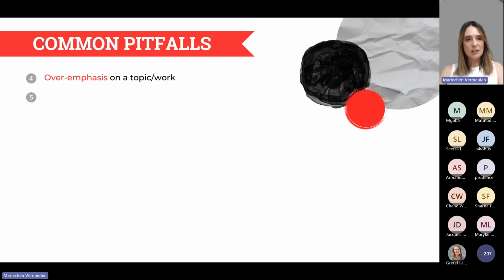So the problem with this common pitfall is that not only can it skew the difficulty of your paper once again, making it, for example, very easy because you've drilled a particular section of work into their heads, you spend too much time teaching it, now you're over-assessing it and it gives the appearance of good marks, but in reality you're neglecting other parts of the work. But it could also disadvantage learners who might have studied other parts of the curriculum, and now you're not allotting a fair portion of marks to that content, so you're disadvantaging learners who studied a broader spectrum of content.